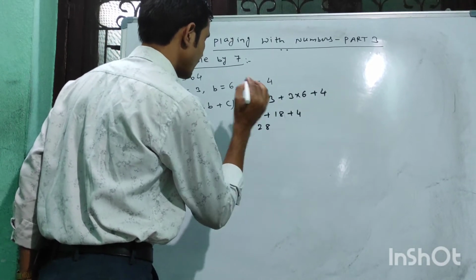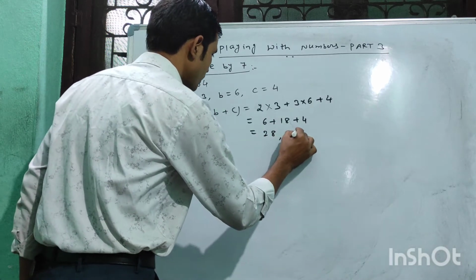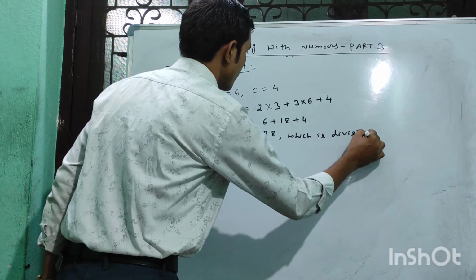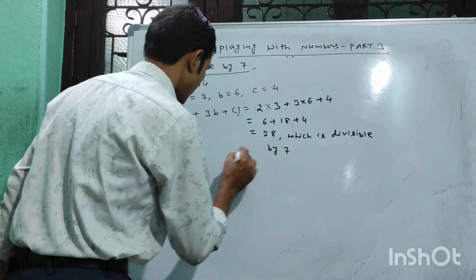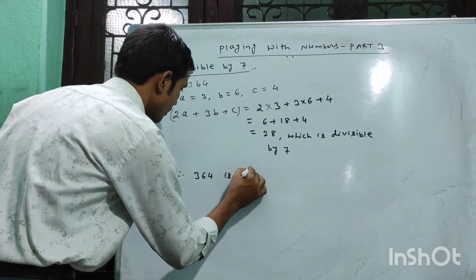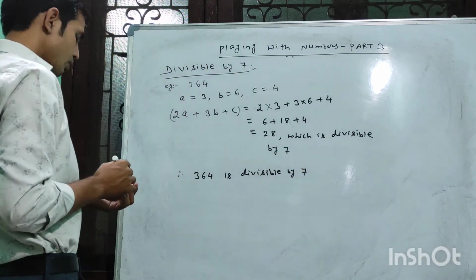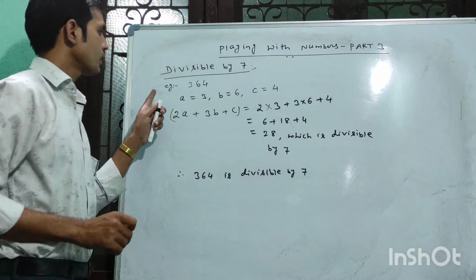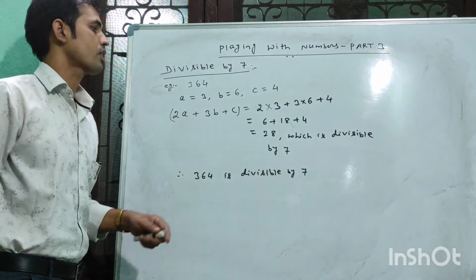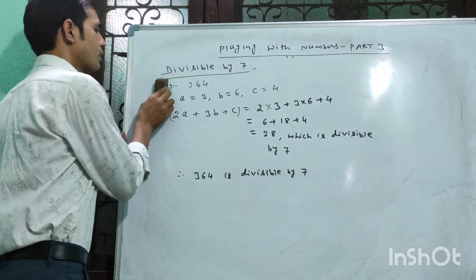So how much? 28. 28 is divisible by 7. Therefore 364 is divisible by 7. So in this way we can find whether this number is divisible by 7 or not. Take the screenshot.